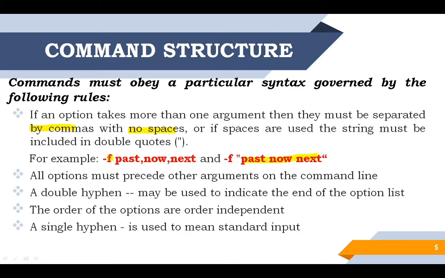Hyphen f is the option, and this option has 3 arguments, that is past, now and next. Here these arguments have been separated by commas. Or instead you can write all 3 arguments within double quotes. Even this will be acceptable.